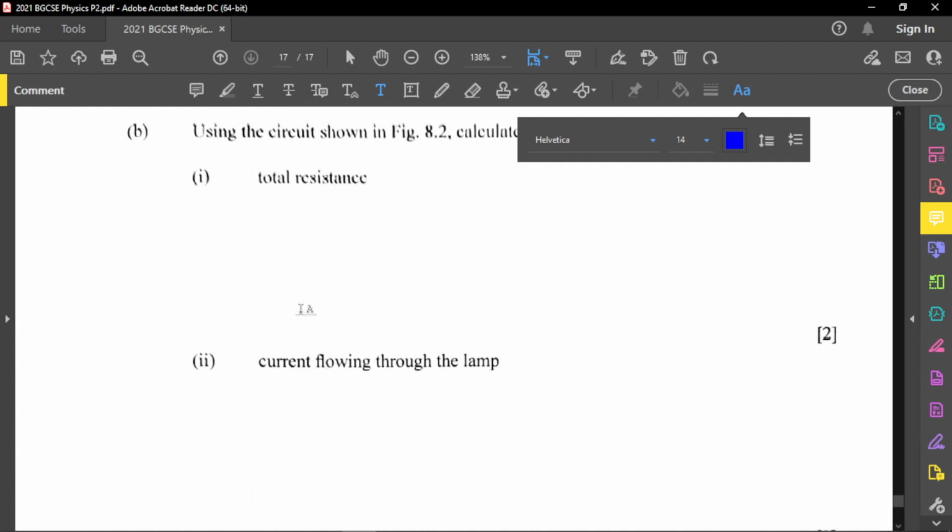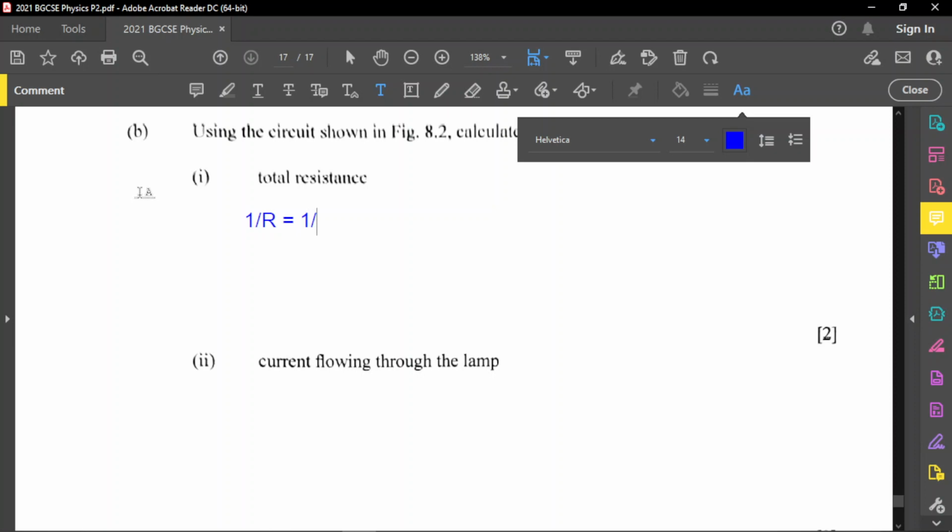So again, there are 2 different ways you could do this. You can use the formula 1 over the total resistance equals 1 over R1 plus 1 over R2 plus 1 over R3.